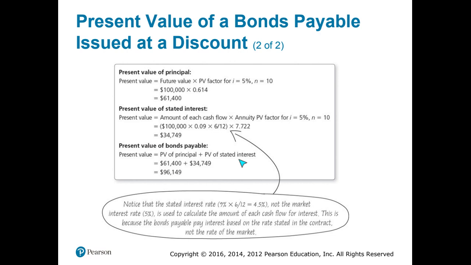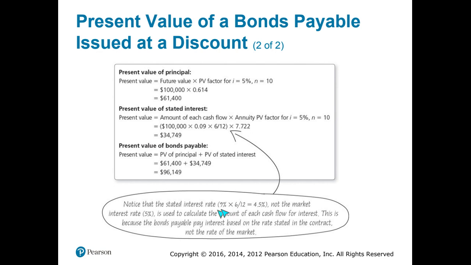All right, present value of bonds payable. To find that, it equals present value of principal plus present value of stated interest. We take the principal, which we calculated here, and the present value of the stated interest, which we calculated here, and that gives us our total present value of the bonds payable.